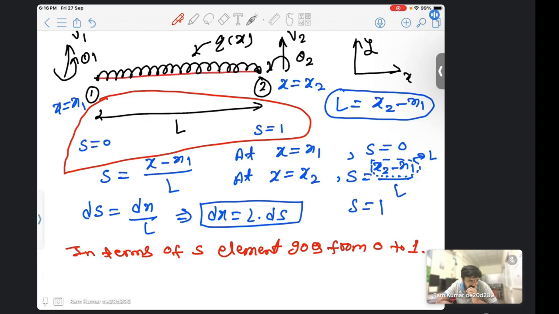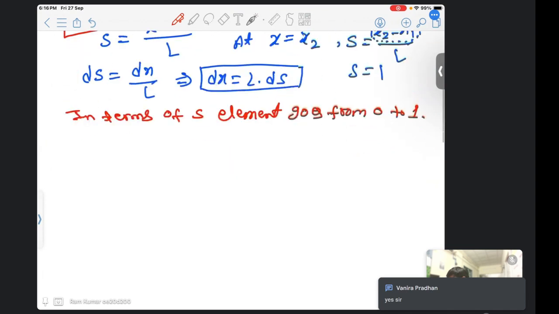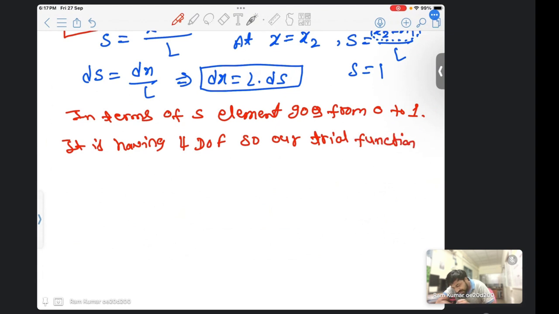Are you getting something? Okay. So what will the trial function be? Because the element has 4 degrees of freedom, our trial function will be cubic.